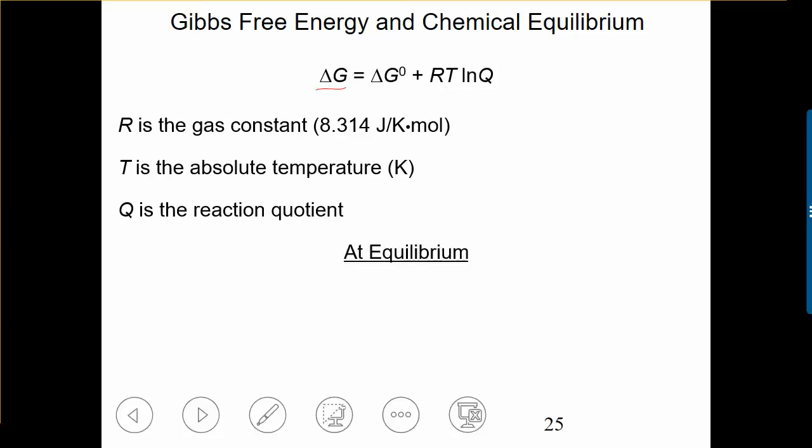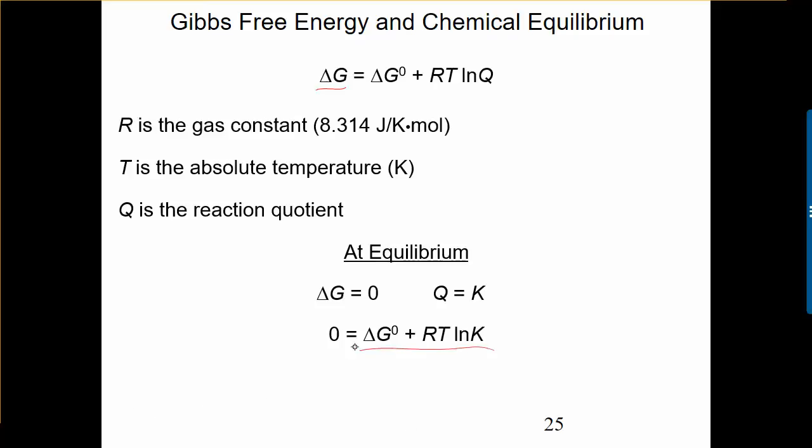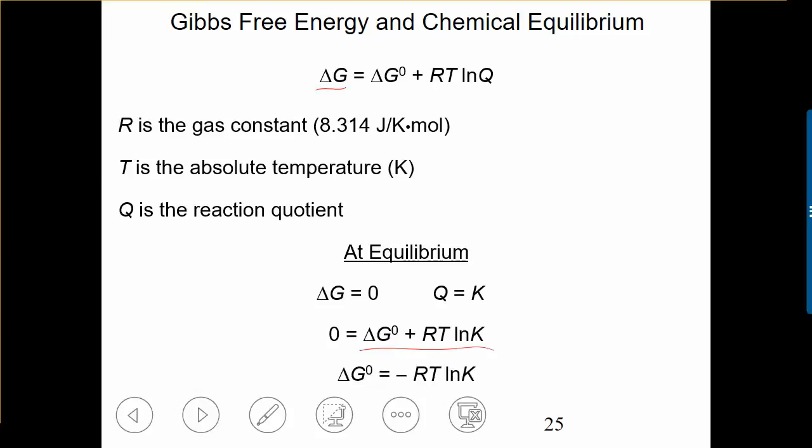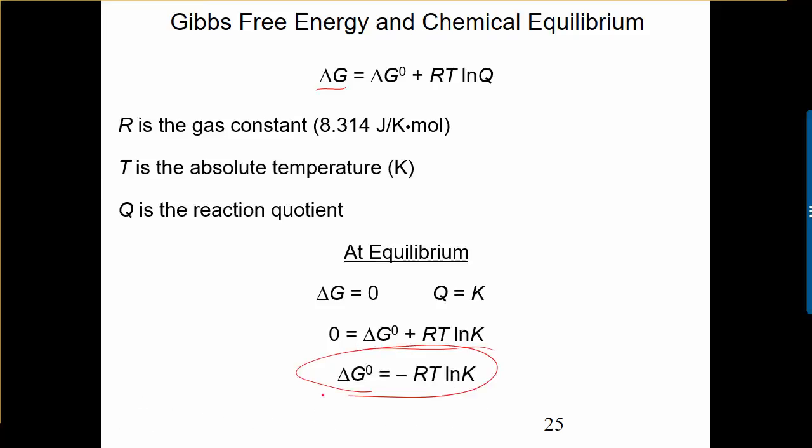You guys knew all that. Good job. At equilibrium, delta G is equal to 0, and Q equals K. So here we've kind of simplified it, right? Because we said delta G was 0, you can find the delta G naught at the standard state conditions if you know R, T, and K, because the reaction quotient at equilibrium is equal to K. So if it's not at equilibrium, you would do this.